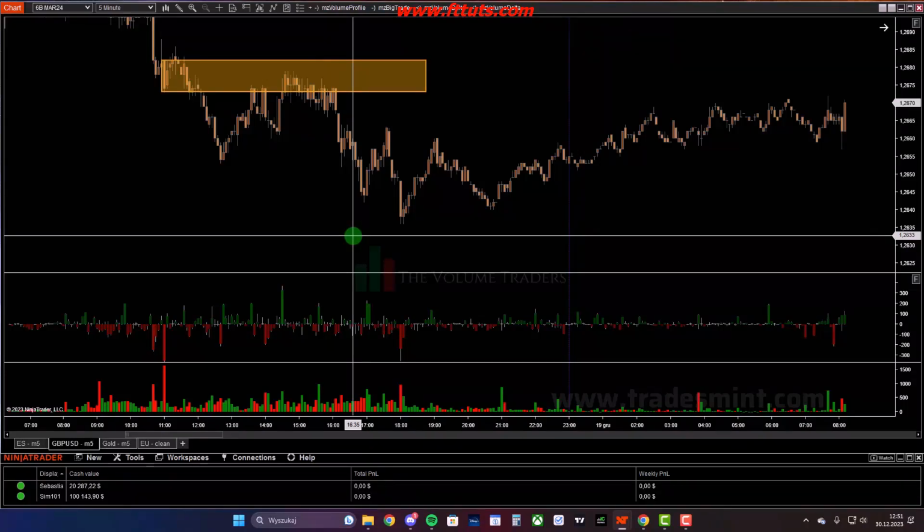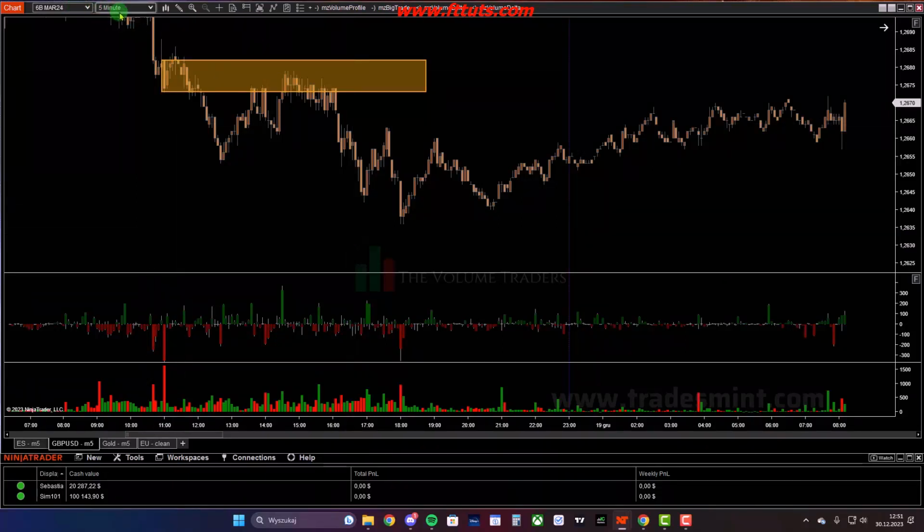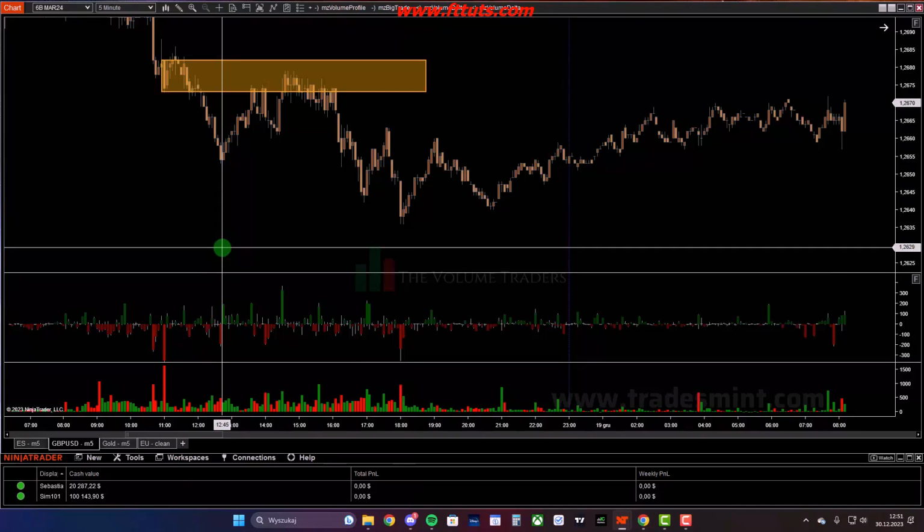So for example, if in some period of time, like in this case 5 minutes, there were 100 buyers and 60 sellers, the difference is 40 plus. That means that in this period of time we should see more buyers than sellers. So by logic, the price should be moving up or be ready to move up.